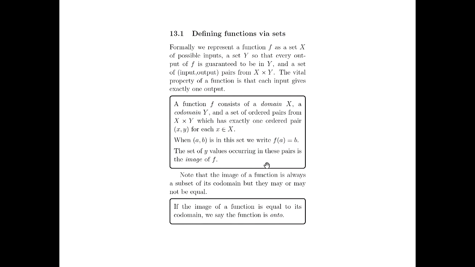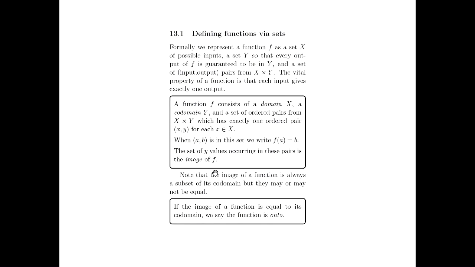Okay, so now, new definition. The set of Y values that actually occur in these pairs. Remember, the codomain was just a guarantee that all your outputs would be, say, integers or whatever.